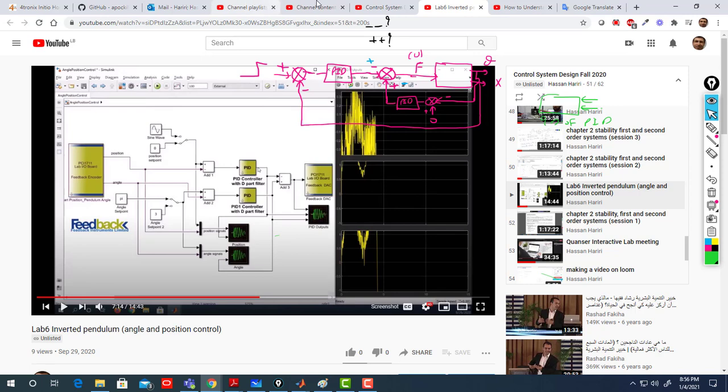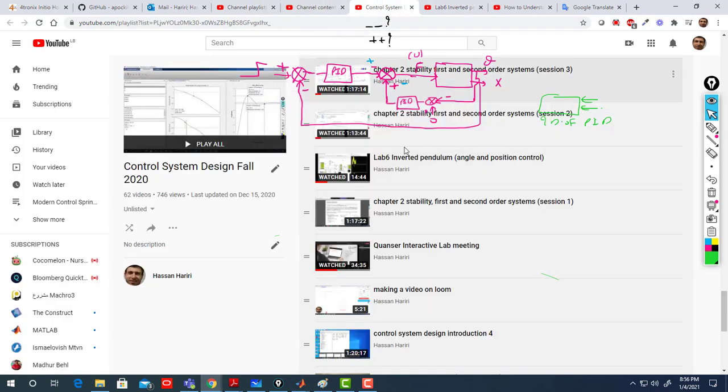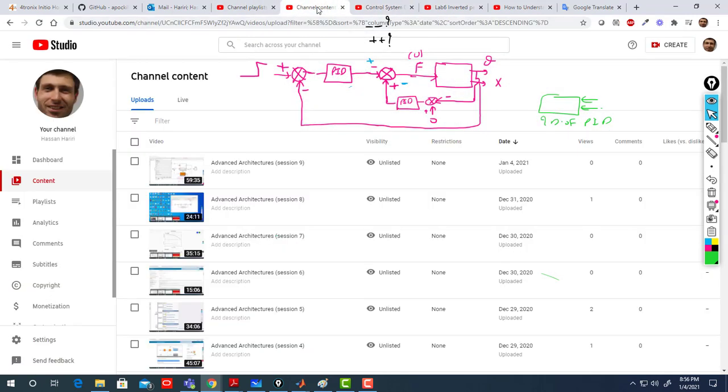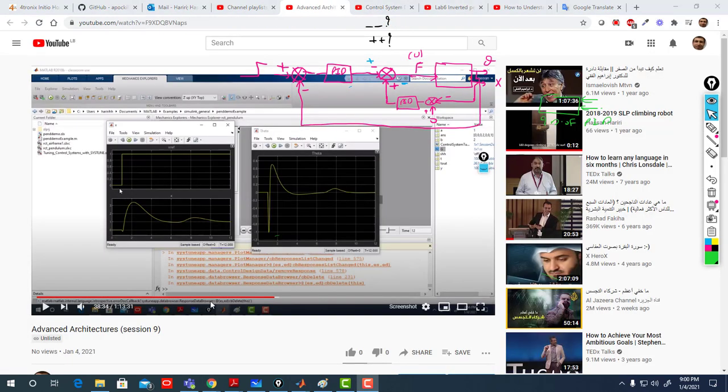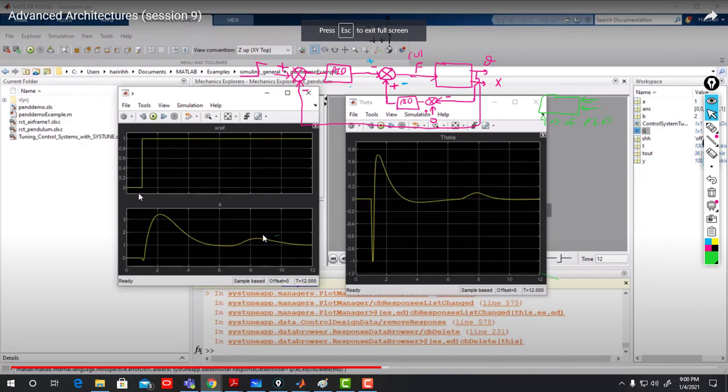Alright, and if you go to your session 9 here, so look, I'm here in session 9, previous session actually, and you look at the tracking, which is 1. So the system goes 1 to 3, then goes back to 1, then after disturbance returns back to 1.